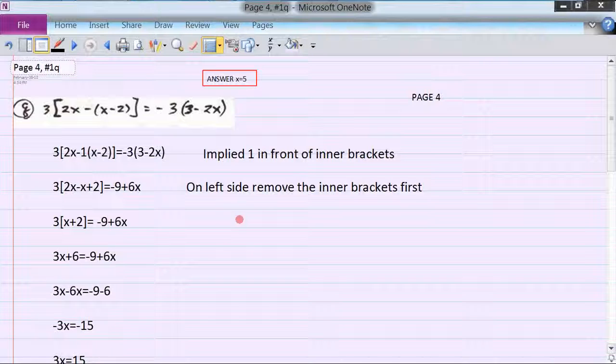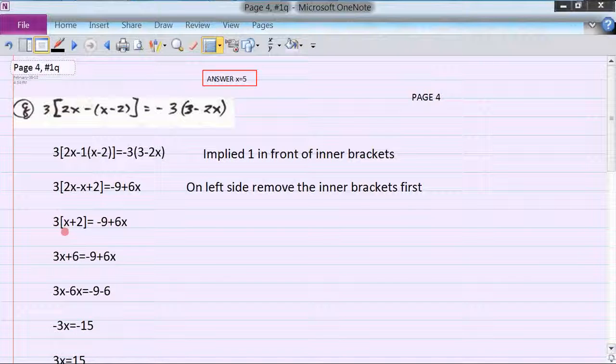Okay? So you'll always remove the inner brackets first. Don't try to remove the square bracket before you remove the inner one, the x minus 2. And that's what we've done. Remove the inner brackets first before we remove the outer bracket.